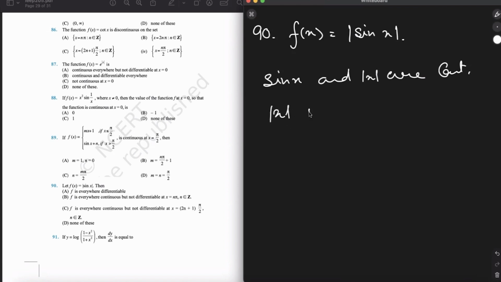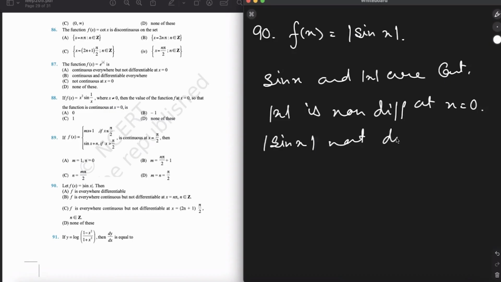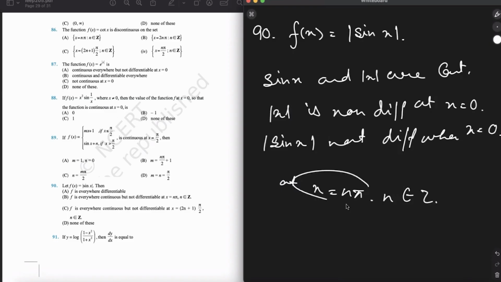But mod x is non-differentiable at x equals 0. That makes mod of sin x not differentiable when sin x equals 0. That means at x equals n pi, where n belongs to z, f(x) is continuous but not differentiable. So the correct option will be option B. f is everywhere continuous but not differentiable when x equals n pi, where n belongs to z.